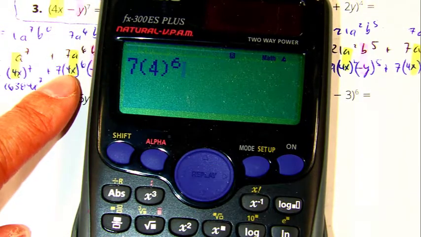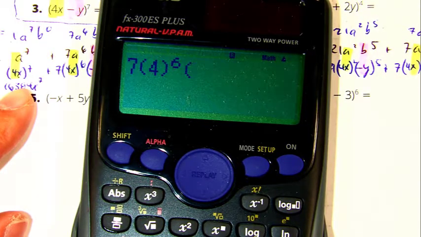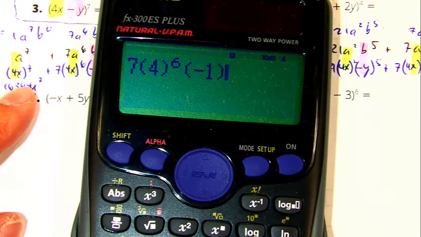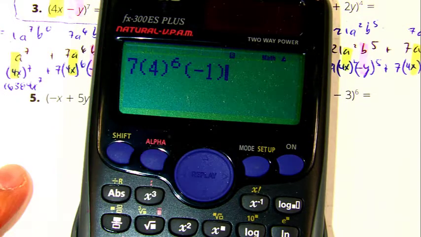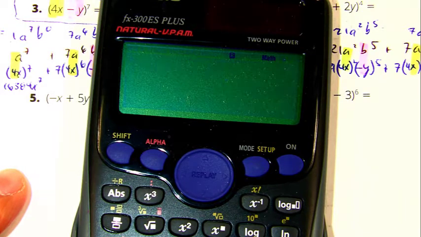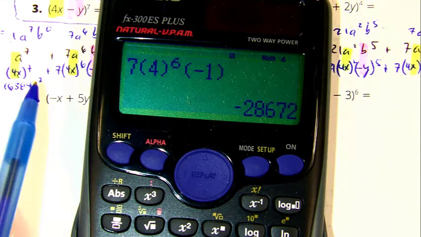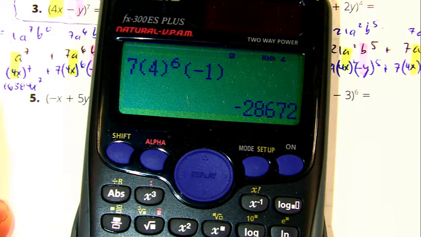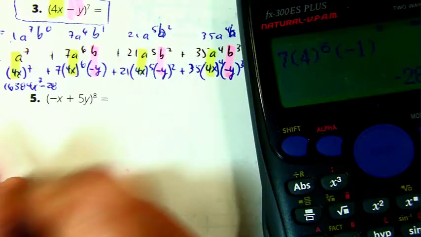And then negative y is essentially negative 1. Now some calculators are able to type in all of this math type. Some of you will actually have to do each of these by hand. Press enter or equals. Now, if it is a negative, that tells you the math operation that we're going to write next. So negative 28,672.